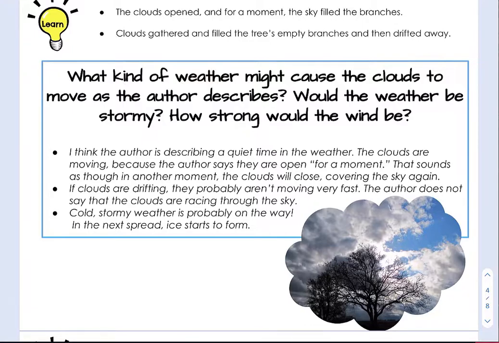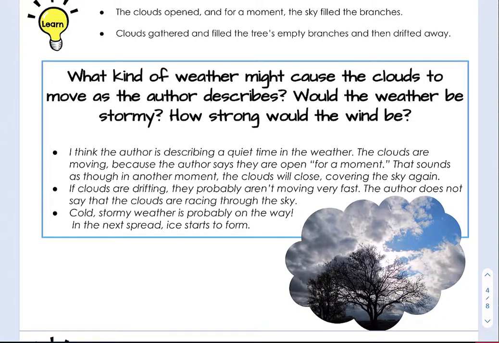Well, I think the author is describing a quiet time in the weather. The clouds are moving because the author says they are open for a moment, for just a short amount of time. That sounds as though in another moment the clouds will close, covering the sky again. Have you ever seen that? You're watching the clouds move, or maybe you're just playing outside and all of a sudden you notice, ooh, it got brighter for a moment, and then it gets darker again.